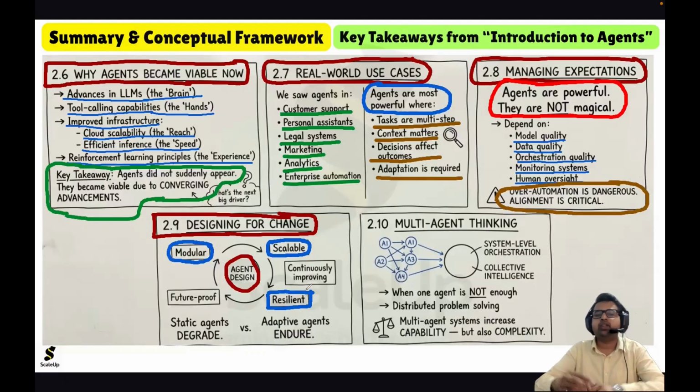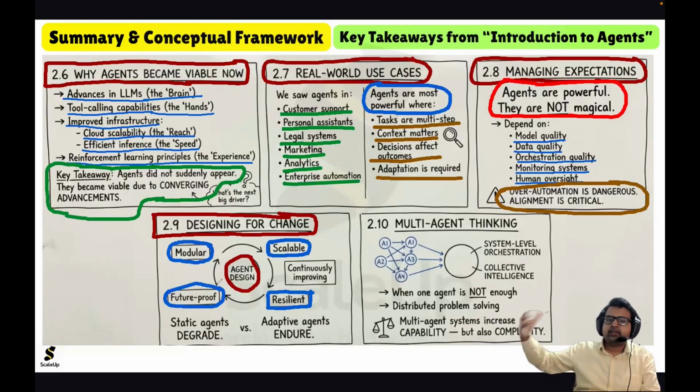Resilience means we will welcome the faults. We will not prevent the fault. Rather, we will design systems which can handle and tolerate the fault. So: fault tolerance and future proofing. Future proof means, see, AI is very dynamic. AI is evolving.